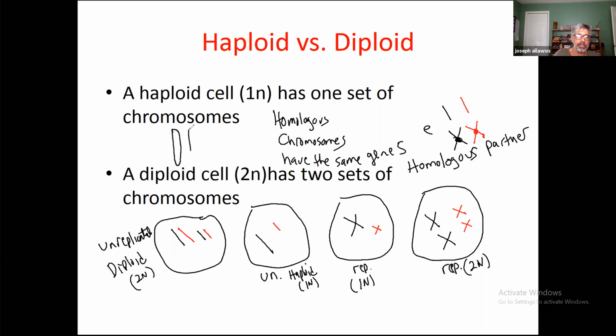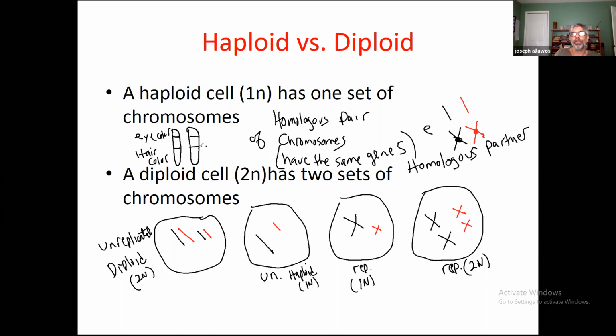So what I'm saying is, what makes this a homologous pair of chromosomes is they have the same genes. And so if this one has the gene for eye color and hair color, then so does this one. And all the genes line up. They're the same genes in the same order.